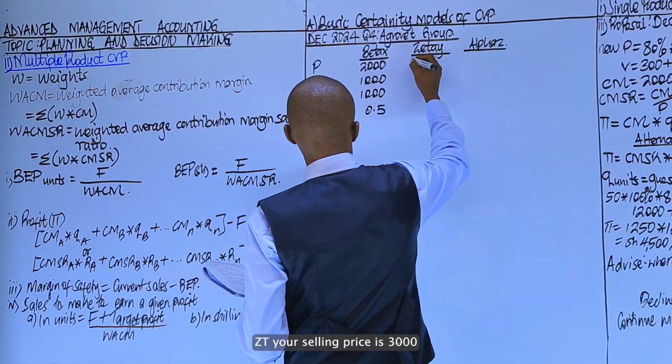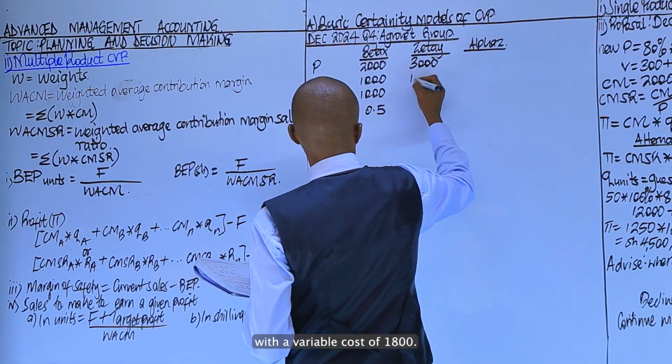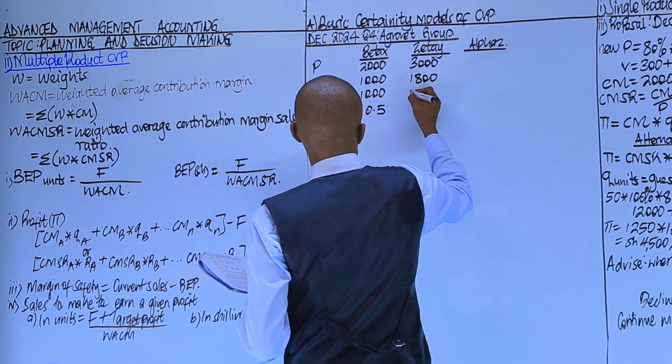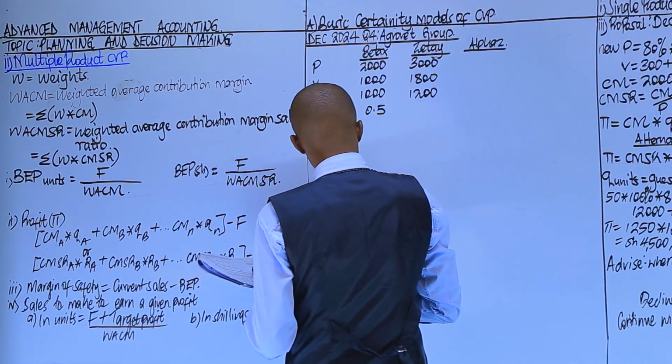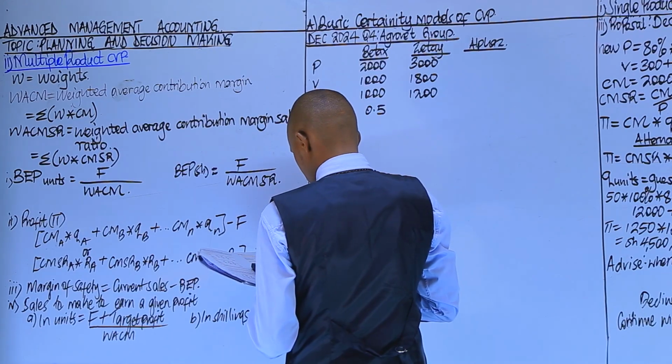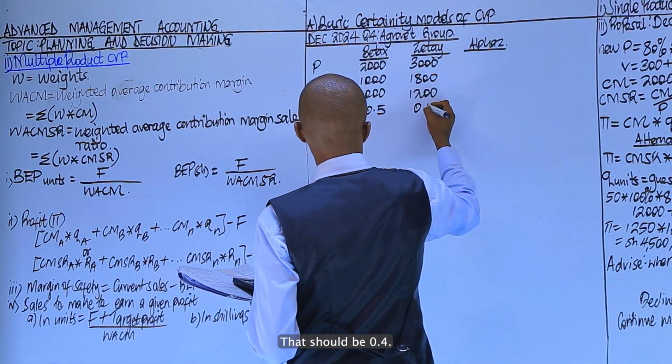Zite, your selling price is 3,000 with a variable cost of 1,800. So that is 1,200. That should be 0.4.